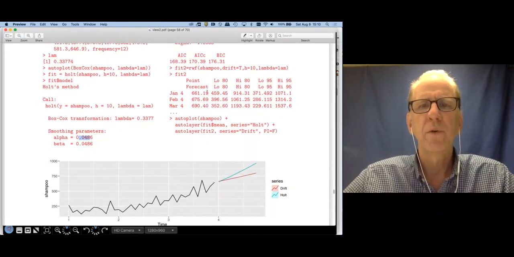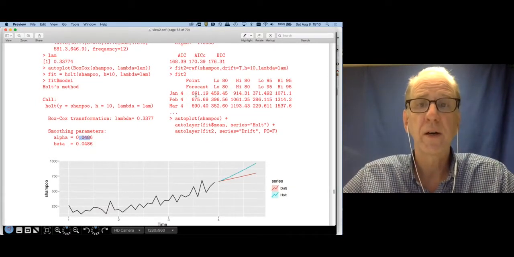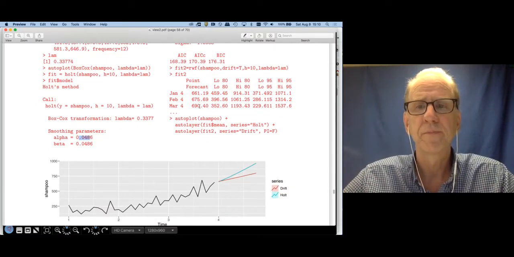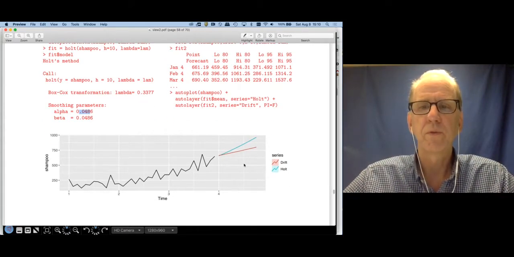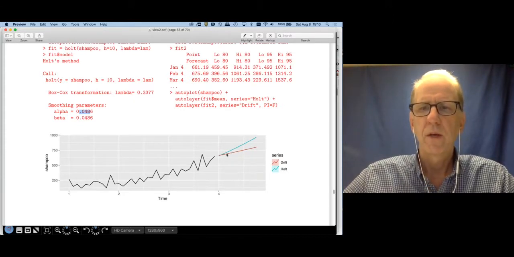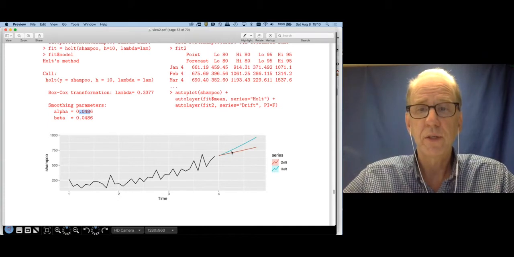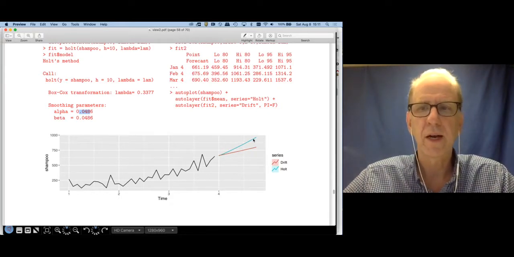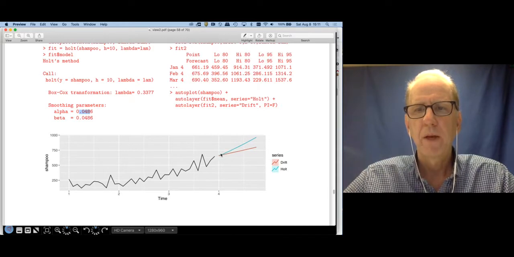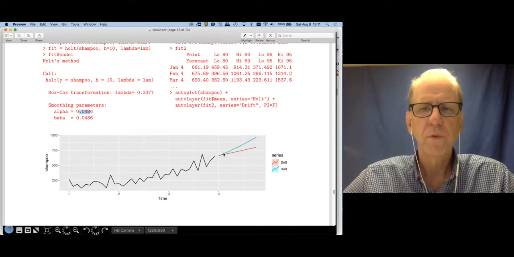What comes next are the forecast values. The forecast values you're going to see are increasing, and we can produce a plot comparing, say, the Holt method with the drift method. The Holt method, I think, is kind of interesting because the forecasts are just following a line in the Box-Cox scale. The Holt forecasts are steeper than the drift method.